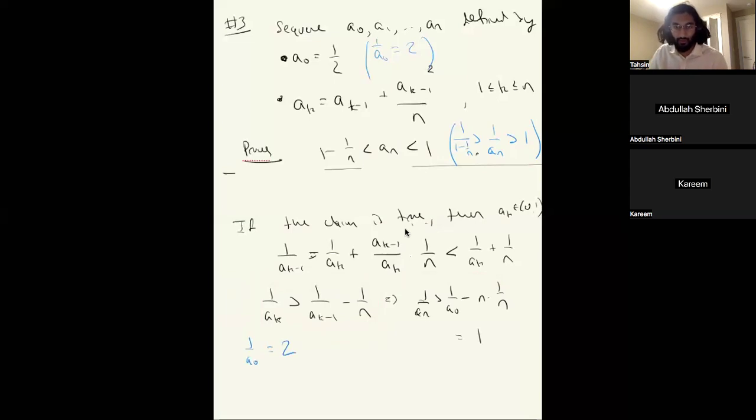Then 1 over a1 is greater than 1 over a0 minus 1 over n, so that's 2 minus 1 over n. And 1 over a2 is greater than 1 over a1 minus 1 over n, and so on. You get 1 over an is greater than 1 over a0 minus n times 1 over n, which is 1. Does it make sense now?